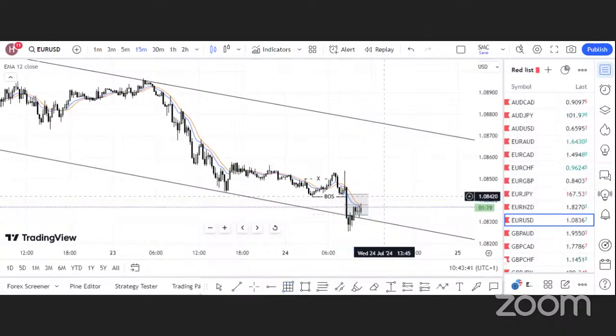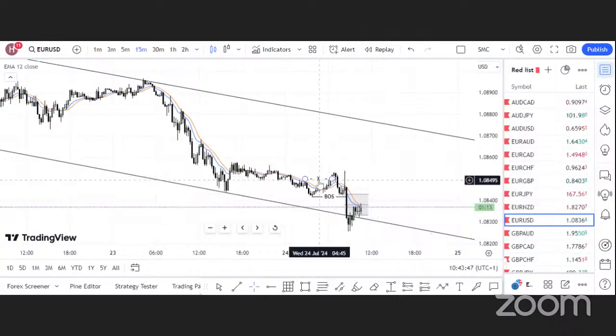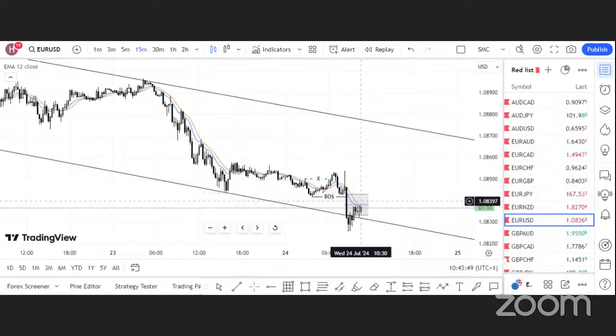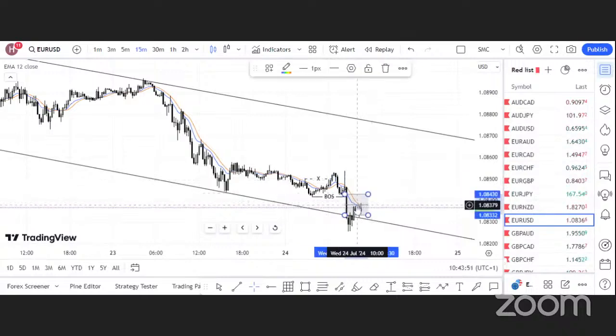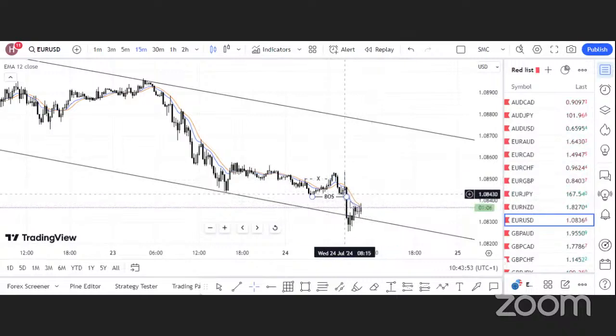All right, so earlier I said I was going to make a brief explanation on fair value gap, but I'm not going to go in depth. If you don't know what a fair value gap is, it simply means a gap in a candlestick.